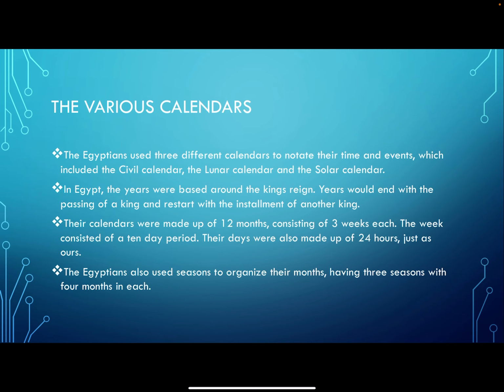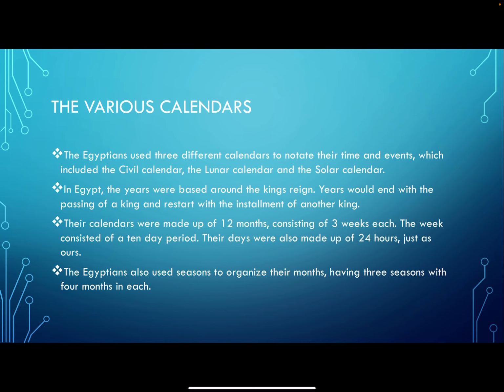So if a king was king for 10 years, then it would be a 10-year period, and it would restart with another king following, so maybe like his son, and it would go back to year one. So their years weren't fluent like ours, like how we have like 2013, 2014.